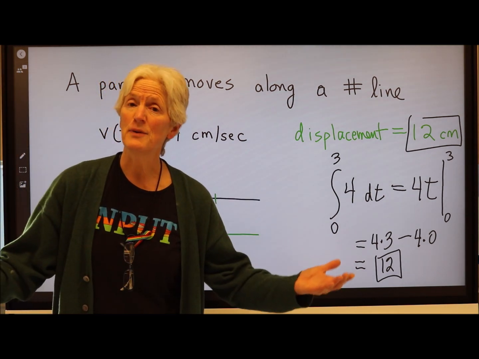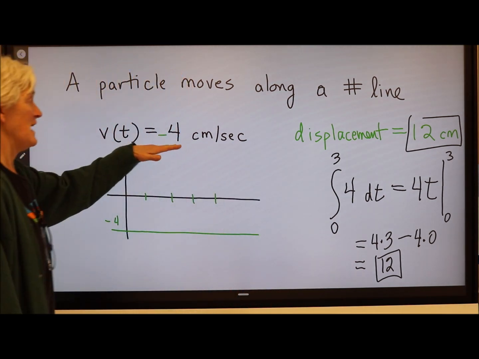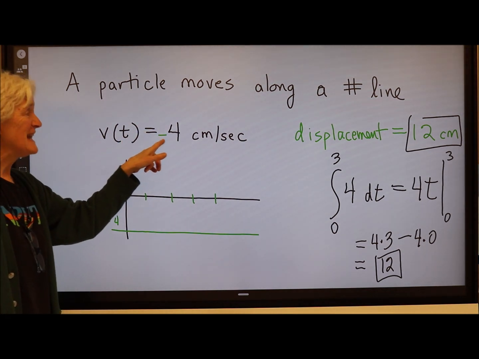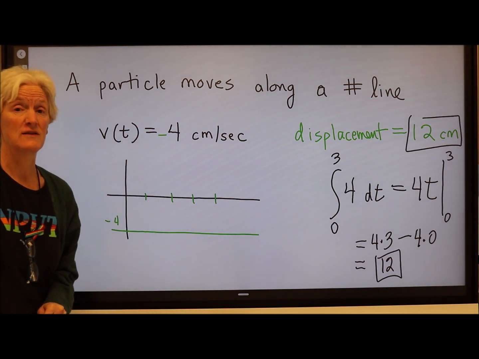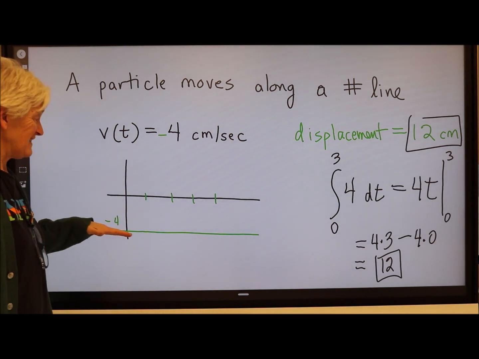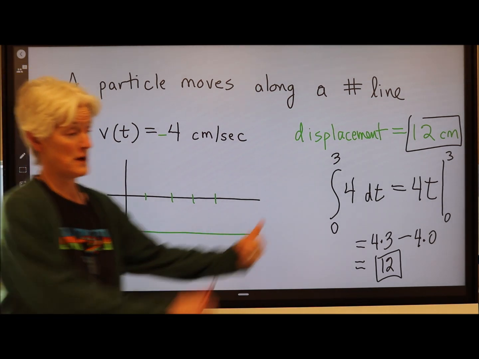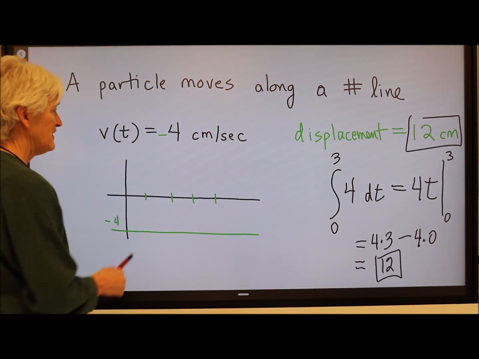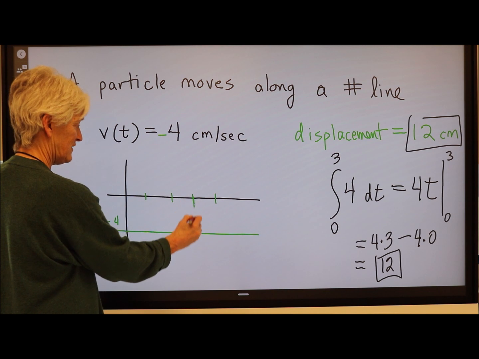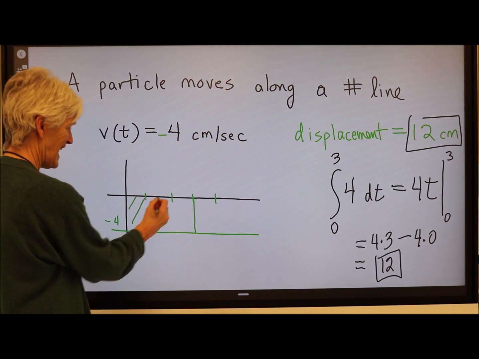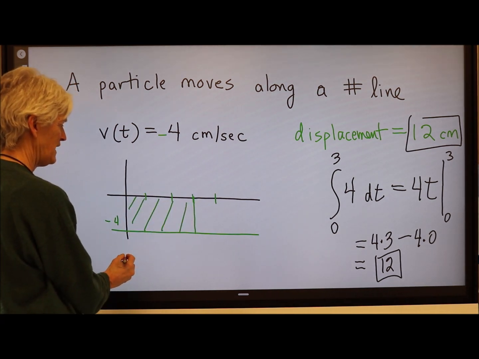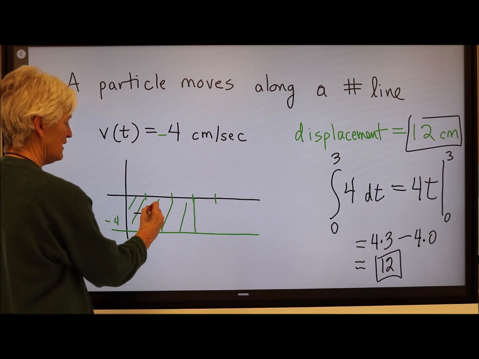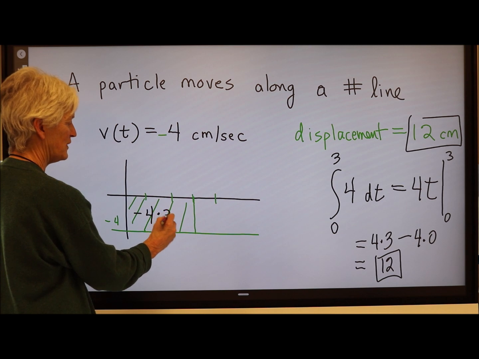Let's look at an example of when I'm moving left at a constant rate. Let's say my velocity is negative 4 centimeters per second. Now my velocity is in negative land, so my particle's moving to the left. If I wanted to find my displacement from 0 to 3 seconds, I would find the signed area here. So it's going to be negative 4 centimeters per second times 3 seconds.